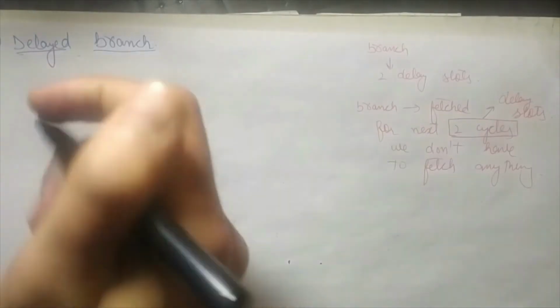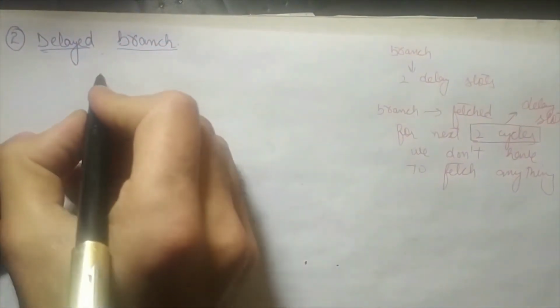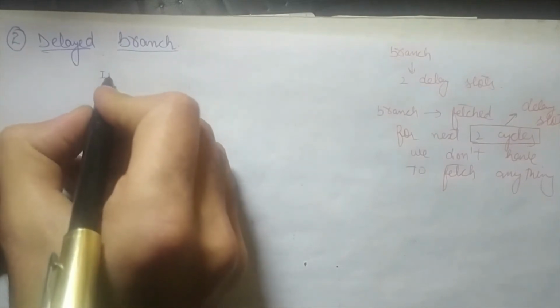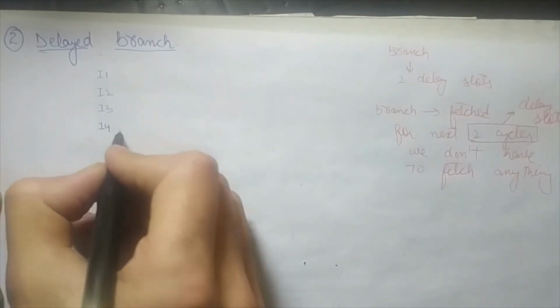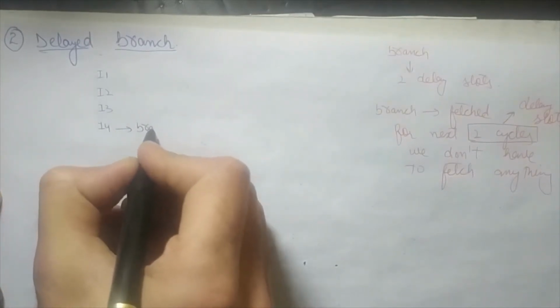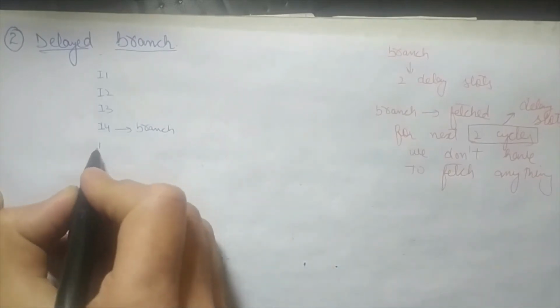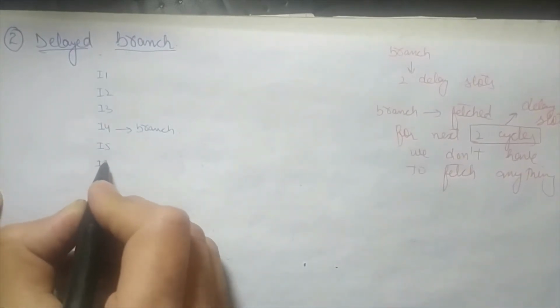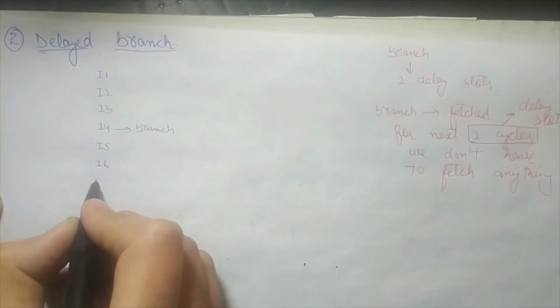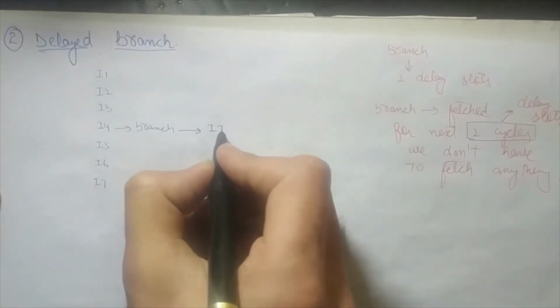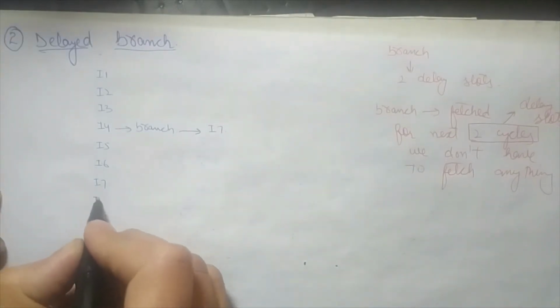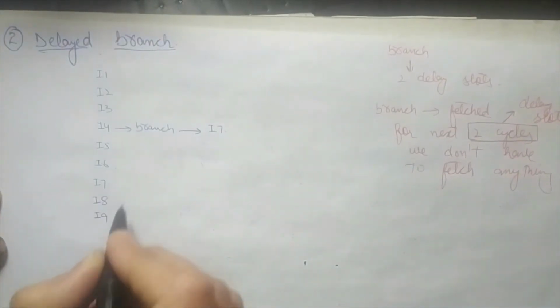Now let's see what delayed branch is doing. Let's say we have instruction I1, instruction I2, instruction I3, and instruction I4 is a branch. Then we have I5, I6, I7. Let's say the target of this branch is I7, I8, I9, and so on.